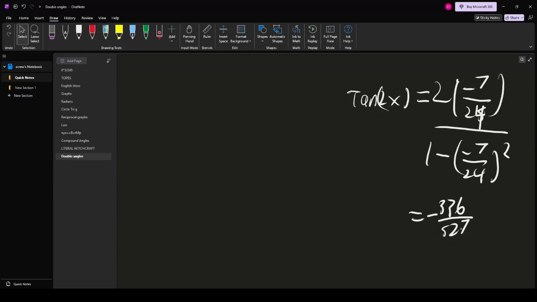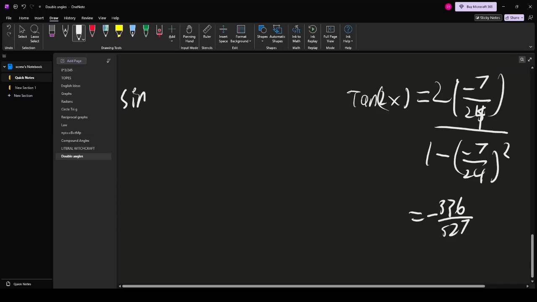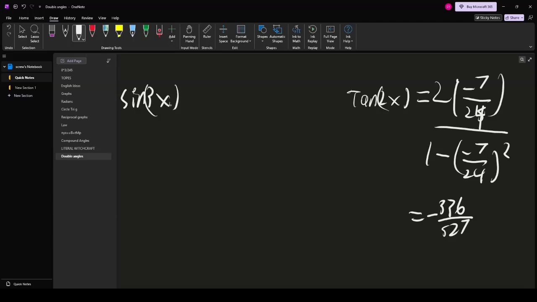We're going to do that again to derive the formula for sine 3x in terms of cos x and sine x. So what is sine 3x actually? That's basically sine of 2x plus x.